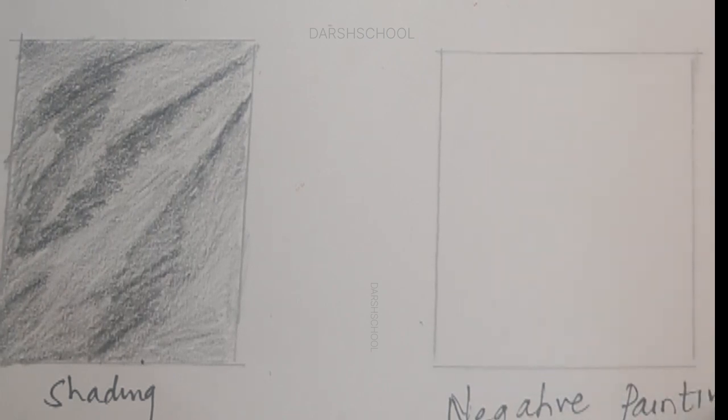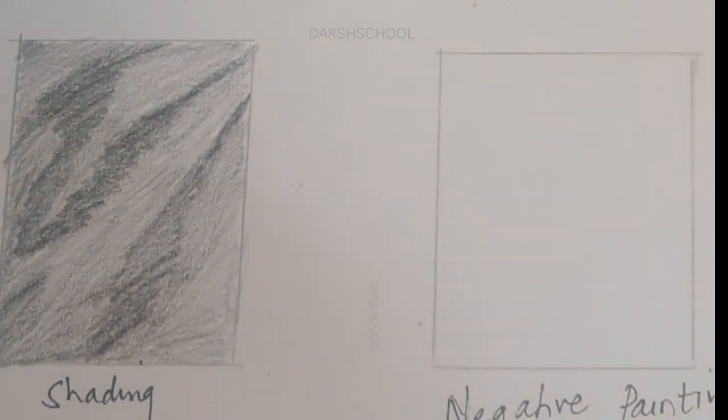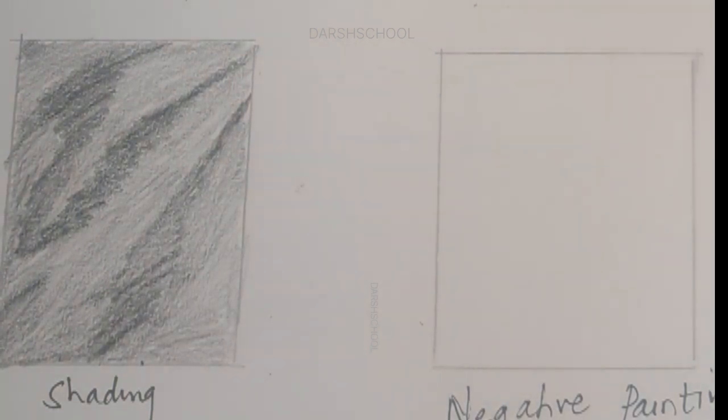At last, I just want to discuss one more important concept. There are so many, but let's discuss certain important ones in this video. There is one concept which I liked very much, which is called negative painting.